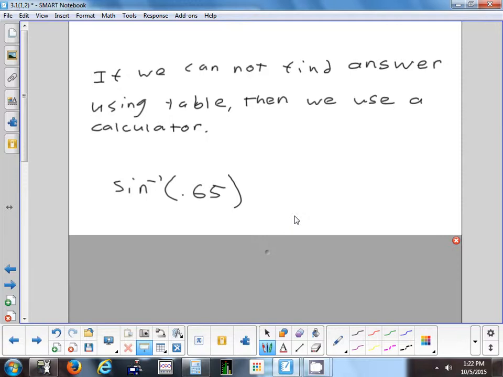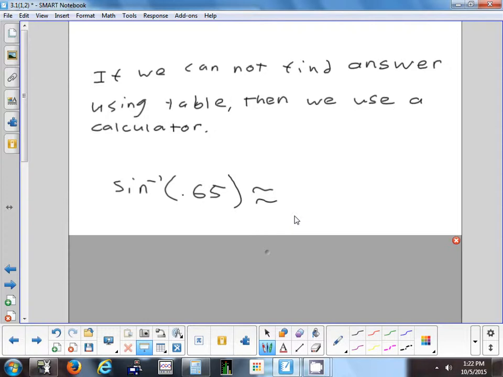All right, 0.65. You could try to use the table I gave you, but if you look for 0.65 in the sine column, you're never going to find it. It's not going to be listed on this table. Anytime we do inverse trig and it's not on this table, it's an approximation. We're going to have to round it off.